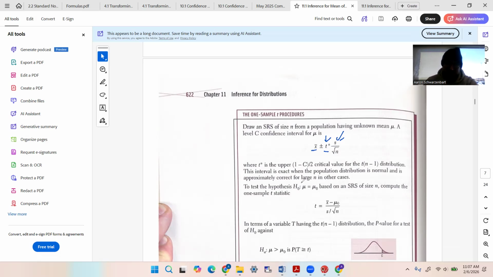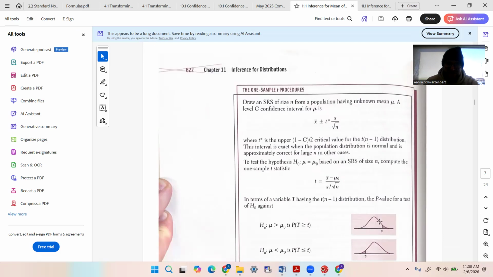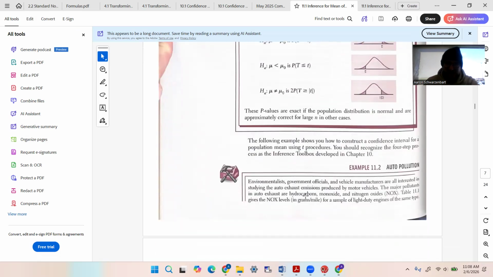Using a t-test, again, here's the formula. We are using x bar minus our assumed mu, and we're using the sample standard deviation. Again, we'll run most of these just calculating them on the calculator because it can do all of them for us nicely, easily, and quickly.